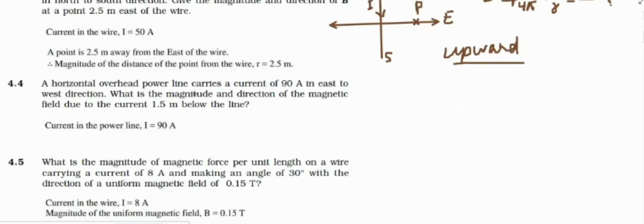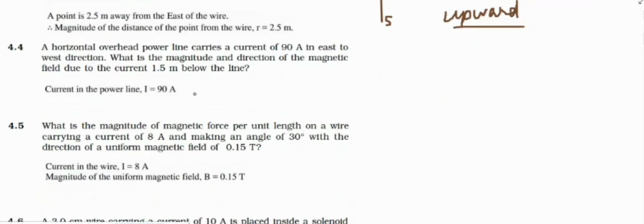Then next, question number 4. The horizontal overhead power line carries a current of 90 ampere in the east to west direction. So here the current is in the east to west direction.